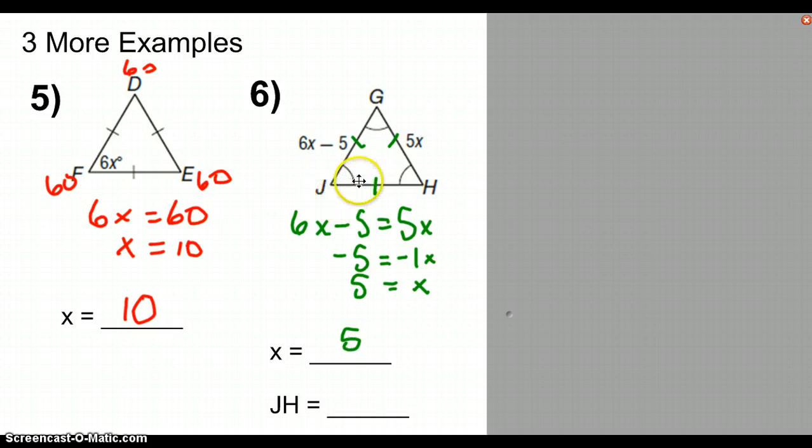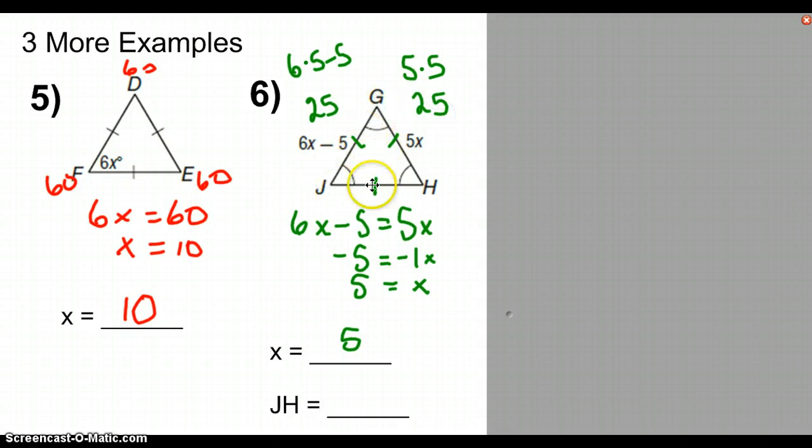Now, in order to find the length of JH, there's no expression used to represent this side. However, if we substitute into either of the two expressions, 6 times 5 minus 5, that gives us 30 minus 5, which is 25. And if we substitute into the expression for segment GH, 5x, so 5 times 5, we see that is also 25.